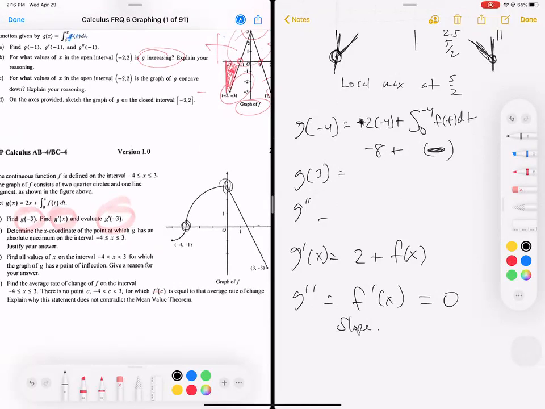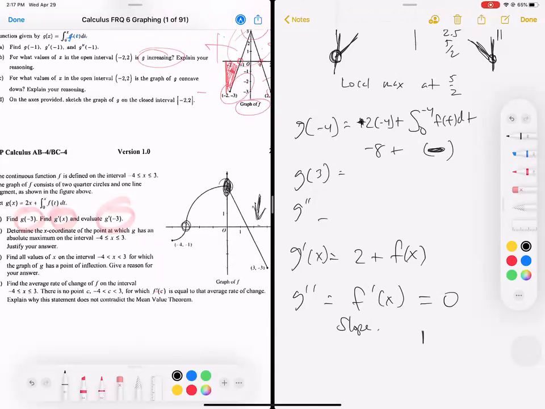Okay. So the question here is, at what points do we have a point of inflection? So when does the sign change from positive to negative? It says the sign change only happens at 0. Graph has a point of inflection at 0. So here is the point where it doesn't exist. And if I look at the slope on the right side, what is f prime on the right side?